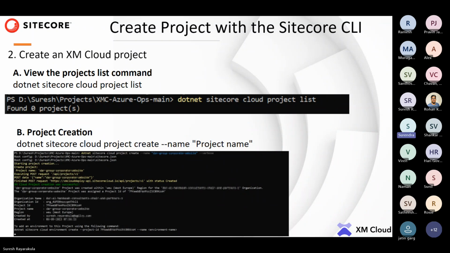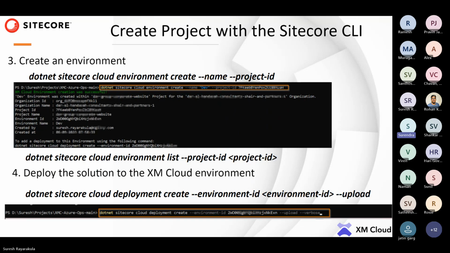Next slide, please. Once your project is created, now it's time to create the environment. An XM Cloud environment represents a SaaS Sitecore CM tenant along with all the services and supporting tenants for hosting a Sitecore solution. Every environment belongs to one project. If you want to create an environment for your XM Cloud project, again go to the command line interface, go to your project working directory, and then run the environment create command, and pass the project ID that we copied before.